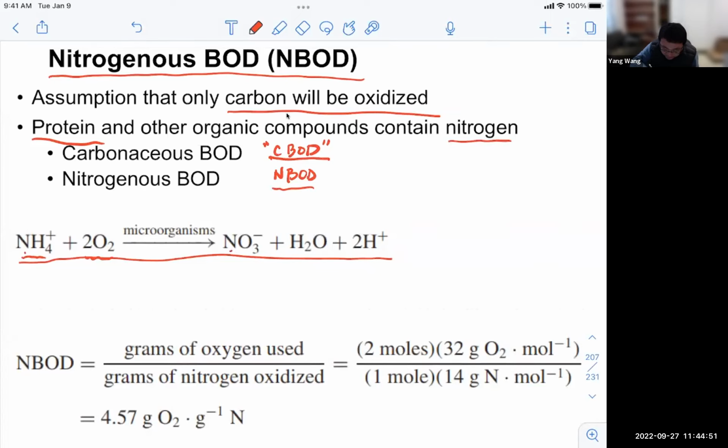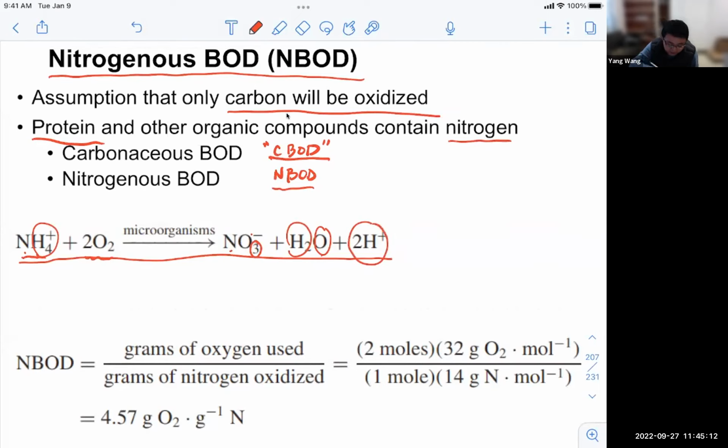Left-hand side, you have 4 oxygen, right-hand side, you have 3 plus 1, that's 4 as well. And then left-hand side, you have 4 hydrogen. Here you have 4 hydrogen, right? This is already balanced.